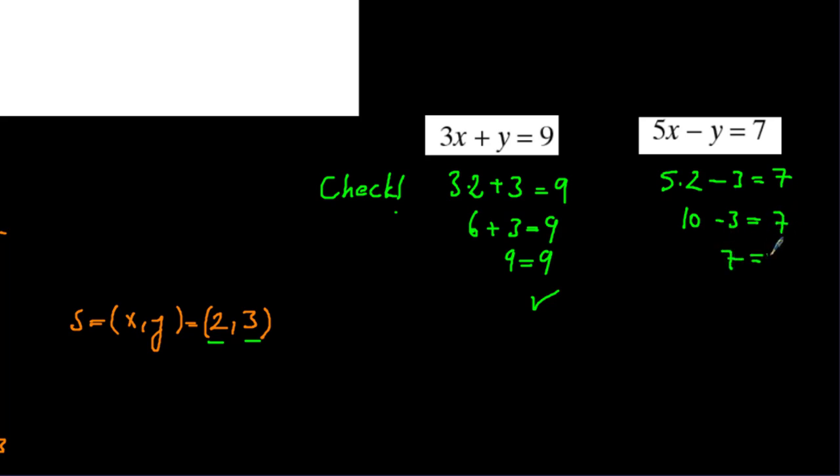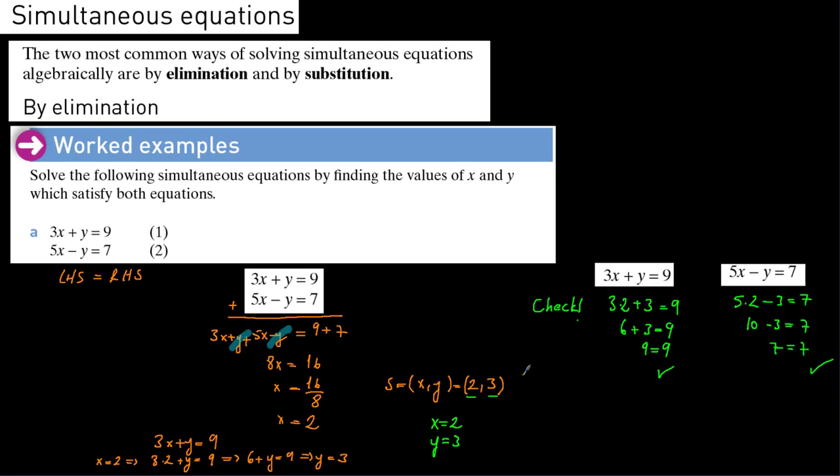So in both equations, 2 and 3 give the same result, which means it is true for both equations. The solution of the simultaneous equations is x is equal to 2 and y is equal to 3.